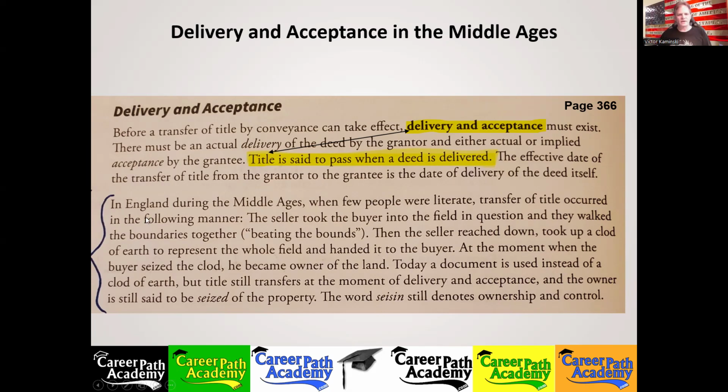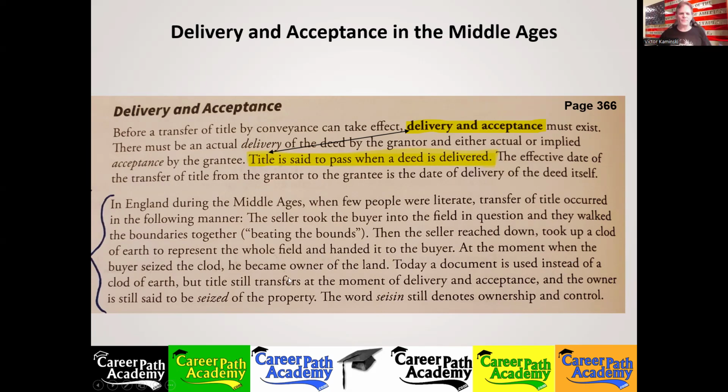Here we go. In England during the Middle Ages, few people were literate. Transfer of title occurred in the following manner. The seller took the buyer into the field in question and they walked the boundaries. This was known as the beating of the bounds. Then the seller reached down and took up a clod of earth that represented the whole field, and they handed it to the buyer.